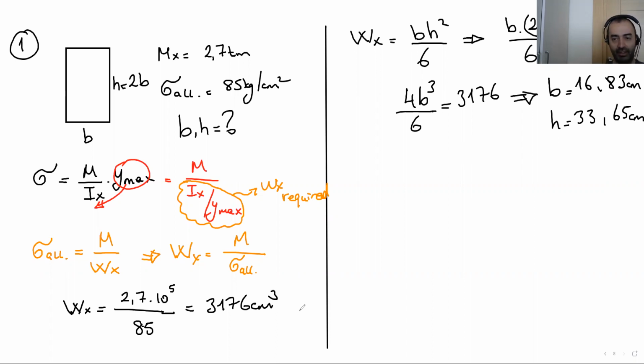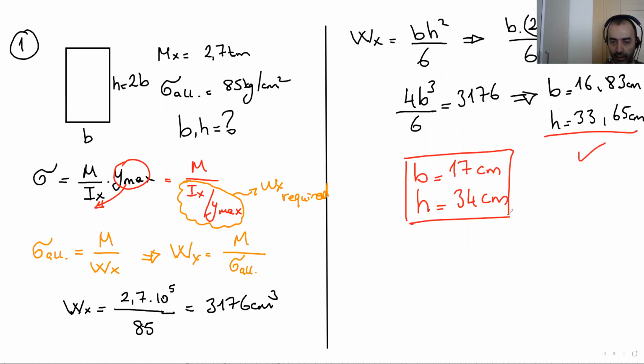In real life, we don't use these types of numbers. Instead, we can write b is 17 centimeter, h is 34 centimeter. If you do this, that's okay. In real life, we round up the numbers.